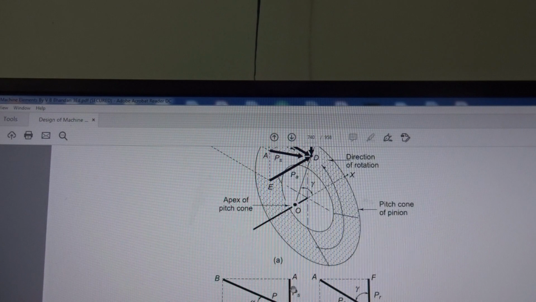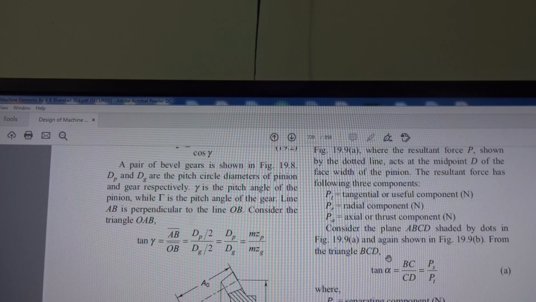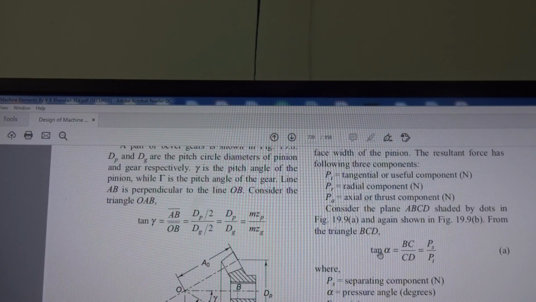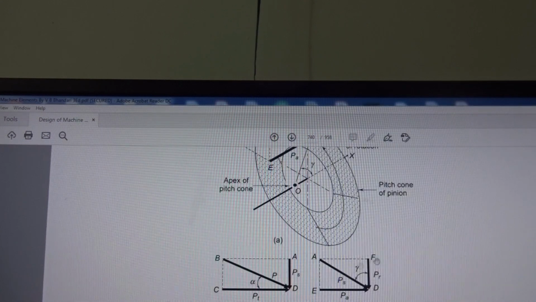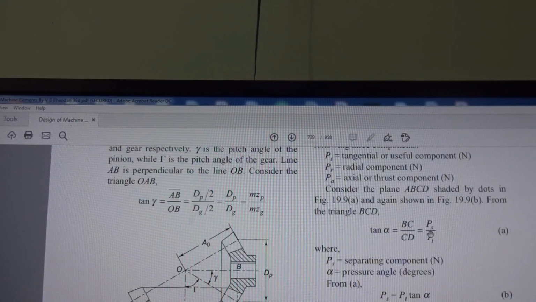From this triangle, tan alpha is equal to PS upon PT.